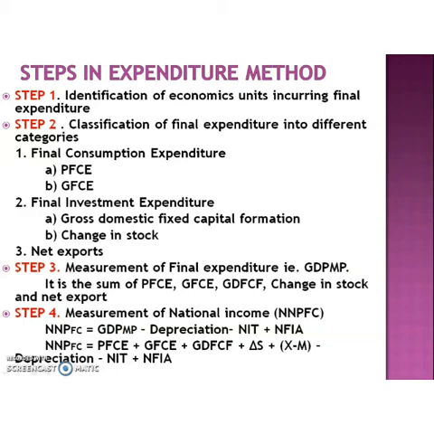The gross domestic fixed capital formation plus change in stock is the domestic capital formation. Then also add net export, X minus M, minus depreciation minus NIT plus NFIA. So these are the steps involved in expenditure method.